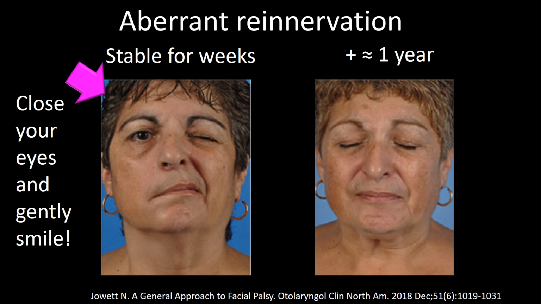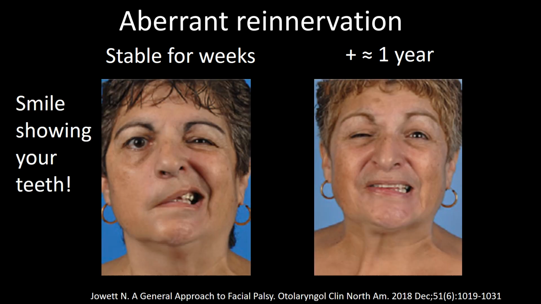Notice that early in the course of the palsy, during gentle contraction of facial muscles, the right eye remains open, whereas 1 year later it closes, indicating clinical improvement. Now notice what happens early on during a stronger contraction of the lower facial muscle.